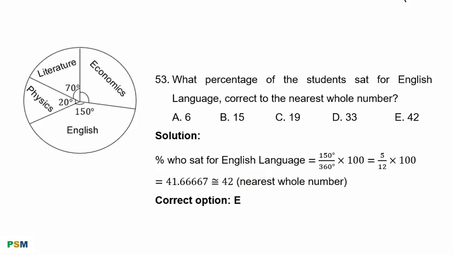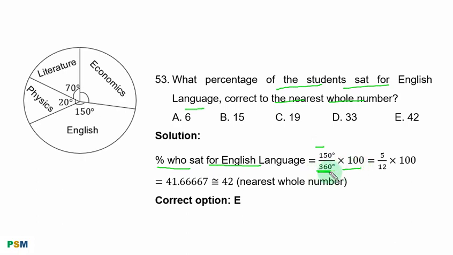Question 53. What percentage of the students sat for English language correct to the nearest whole number? Solution: percentage who sat for English language is equal to the sectorial angle for English language, 150 degrees over total angles times 100.